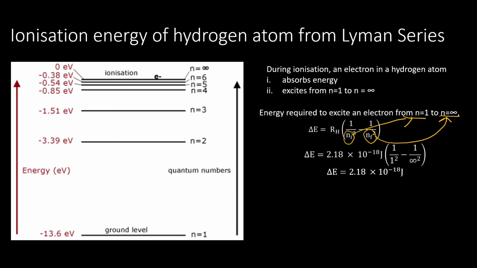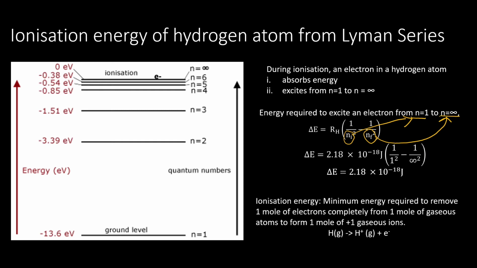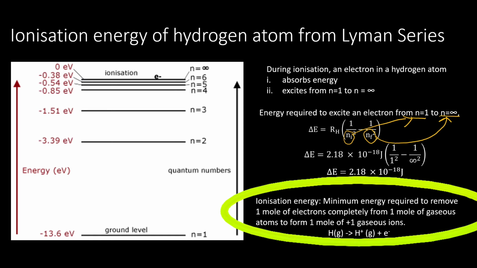Now, we look at the definition of ionization energy. Ionization energy is the minimum energy required to remove 1 mole of electrons completely from 1 mole of gaseous atoms to form 1 mole of positive gaseous ion.